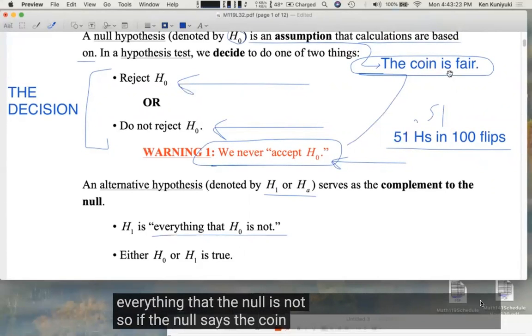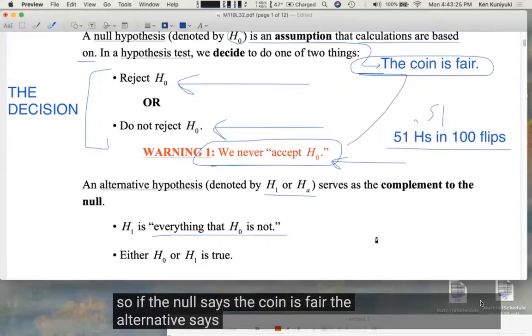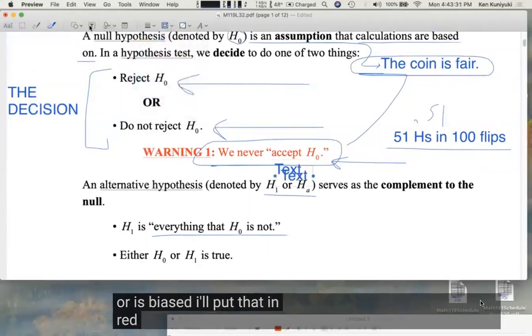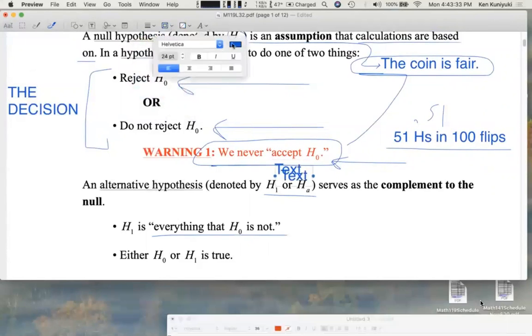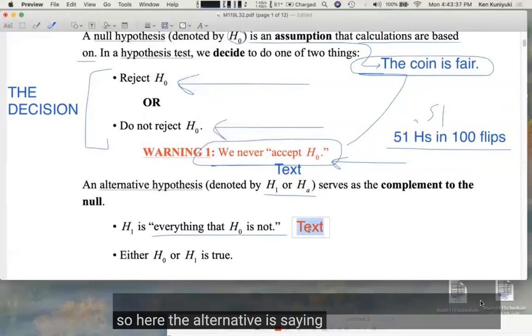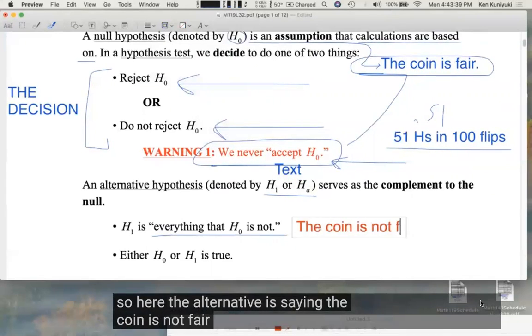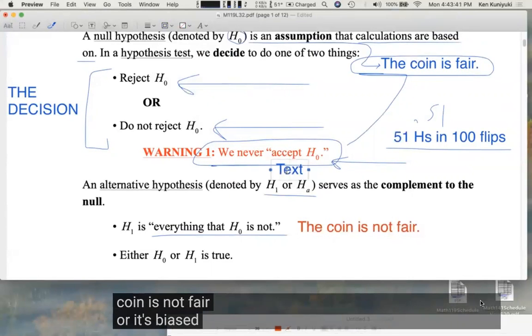So if the null says the coin is fair, the alternative says the coin is not fair or is biased.